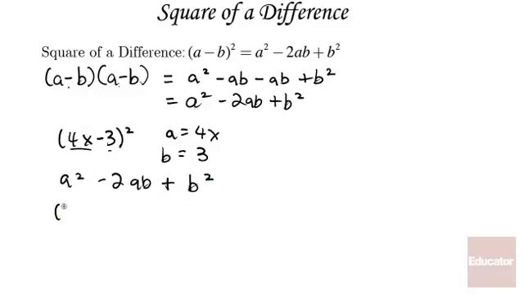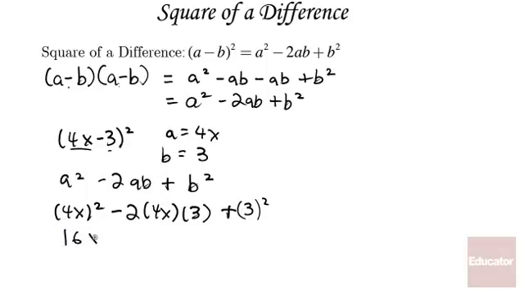So a is 4x. 4x squared minus 2 times 4x times 3 plus 3 squared. That's going to give me 16x squared. Negative 2 times 4 is negative 8 times 3 is going to give me a negative 24x plus 9.